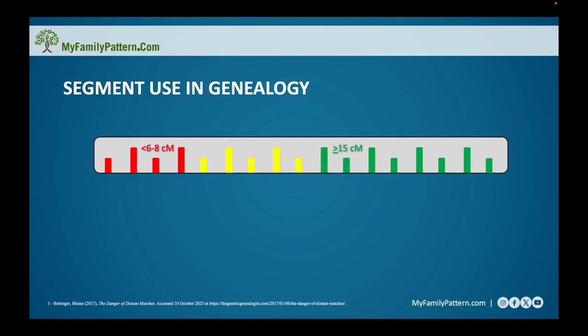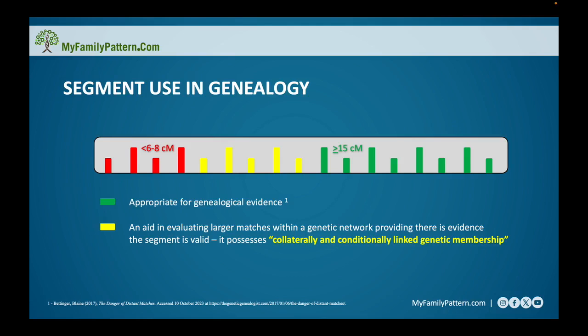If we were to look at Ancestry, those ones that are in green are ones that we can use for genealogical evidence. But these ones in the yellow, testing companies provide it to us, but there is, as mentioned before, a greater likelihood of some of those being false matches.